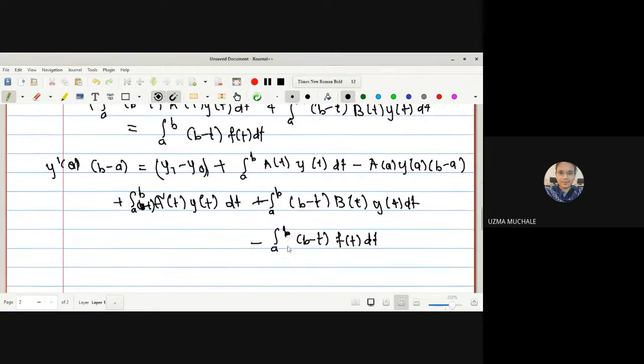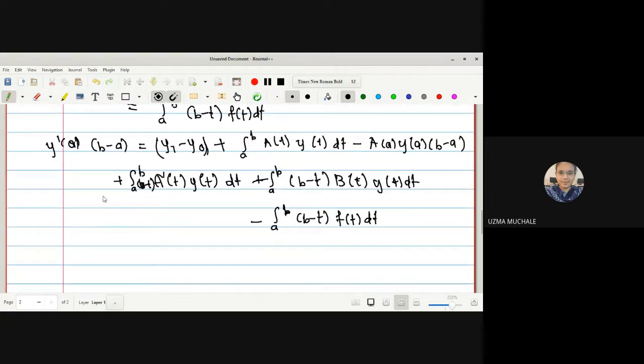Now it is okay. What we have to do? Simply divide by b minus a and we have to write this equation once again. So we can write this as y dash of a is equals to. So what will be the equation? Y1 minus y0 divided by b minus a, minus, so next term will be a of a, y of a, b minus a.